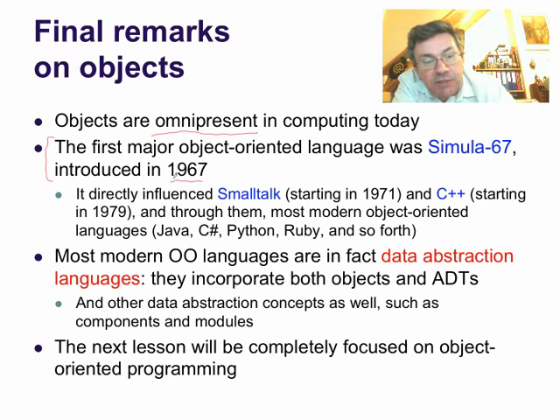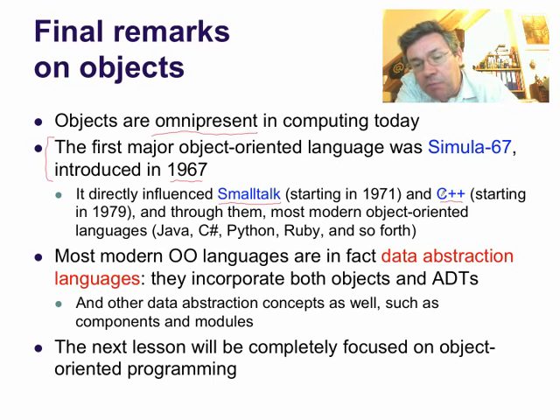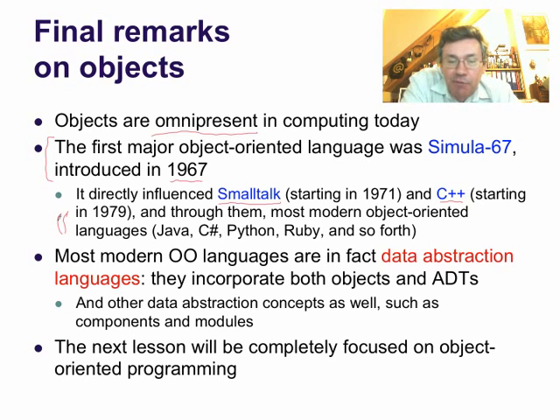Simula 67 directly influenced a language called Smalltalk, starting in 71, and C++ starting in 1979. Through these two languages, most modern object-oriented languages have been influenced by Smalltalk and C++, and through them influenced by Simula 67. But in fact, object-oriented language is kind of a misnomer.